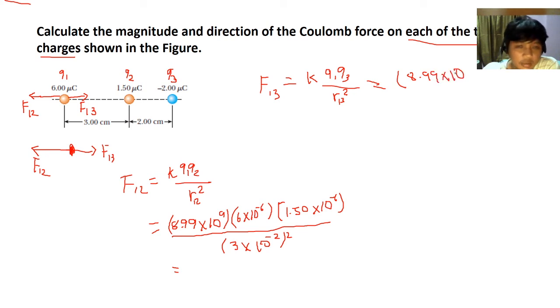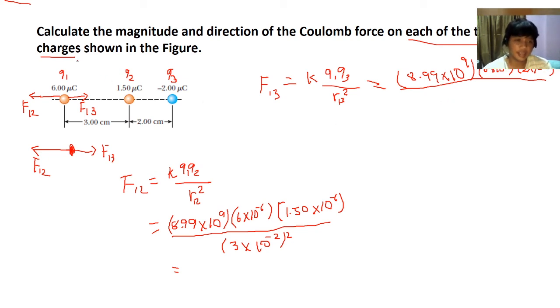I'm going to finish this other one, F13. Remember, I'm expecting F13 to be much weaker than F12. I hope I'm correct. Q1 is 6 times 10 to the negative 6. Q3 is negative 2. Oh, remember that I don't put the negatives for negative charges because they're only good for telling us the direction, whether it's attraction or repulsion.